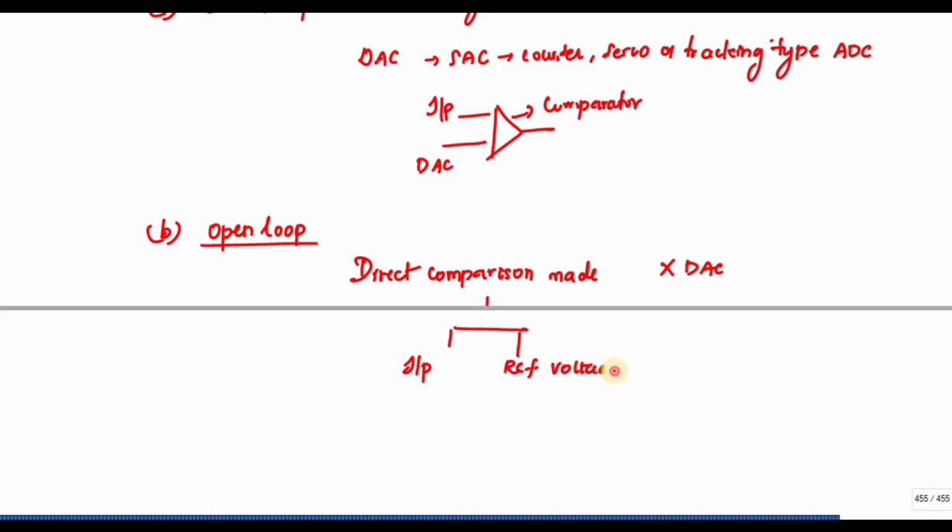Such a type of ADC is nothing but the flash ADC, right? Based on the result of the comparators, the digital output is obtained.